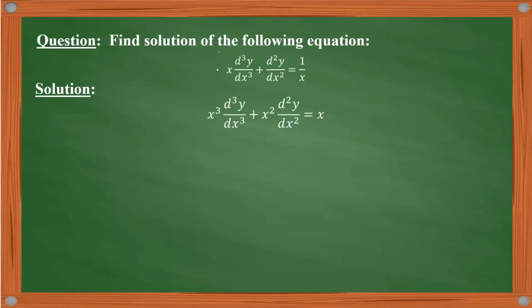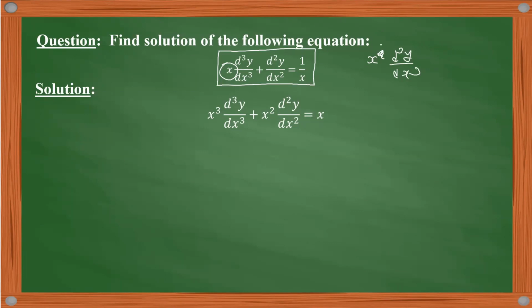Now see, in this equation, we can see that it is a linear differential equation with variable coefficient because it is x over here, and if we just multiply it by x, then it will be x square and x over here. But we are not going to make any substitution for this kind of equation like x into d cube y by dx cube. We do not have any kind of substitution for this.